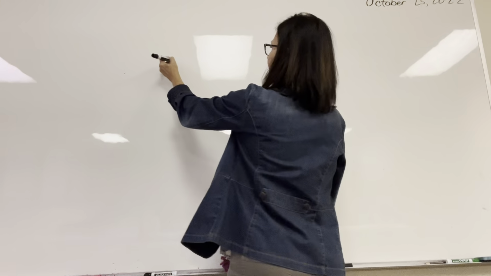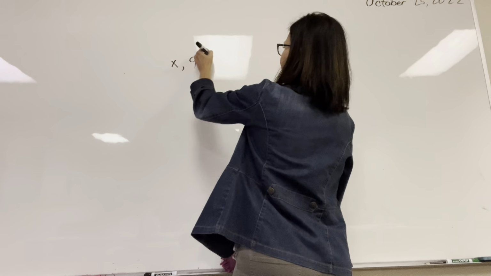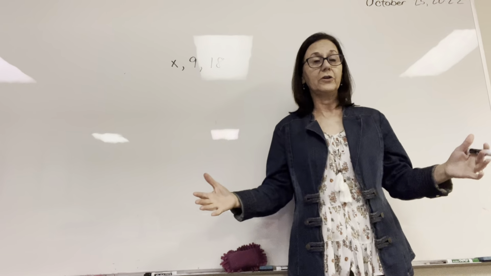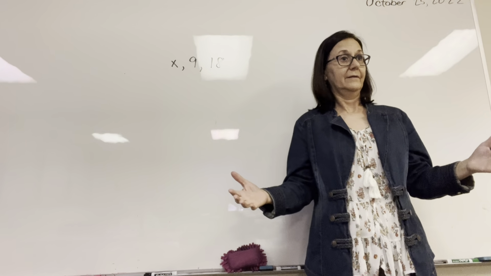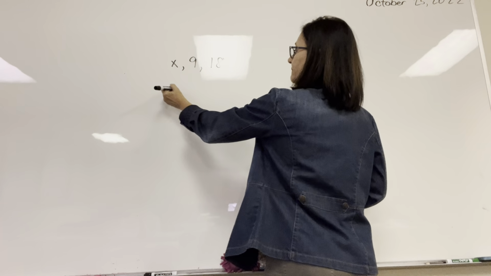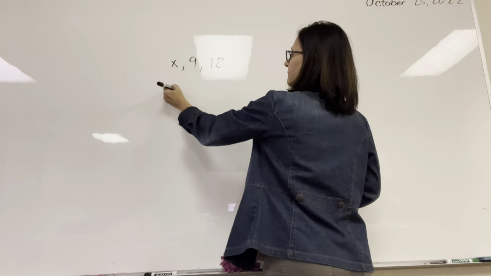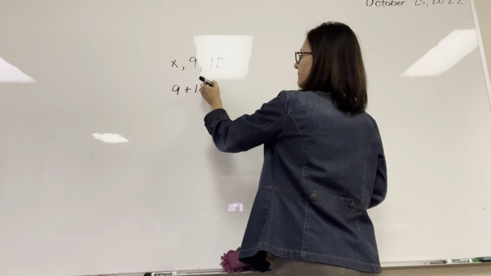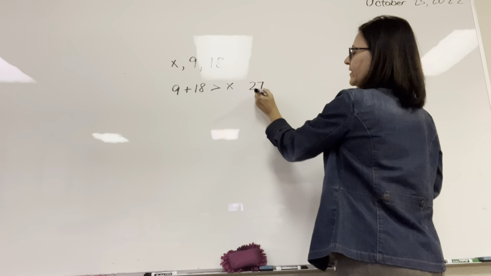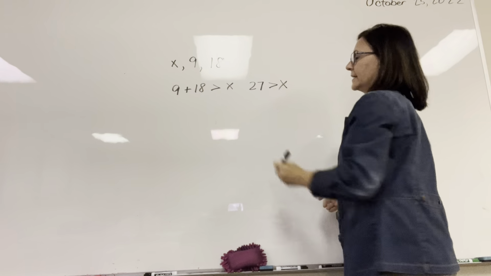Okay, so what if I gave you X, 9, and 18? Could we figure out what the range of values for X should be? Kamaya, what would be one inequality I would write? 9 plus 18 is greater than X. And so that would be what? 27 is greater than X. That's simplified.